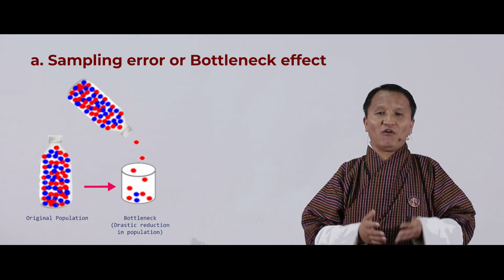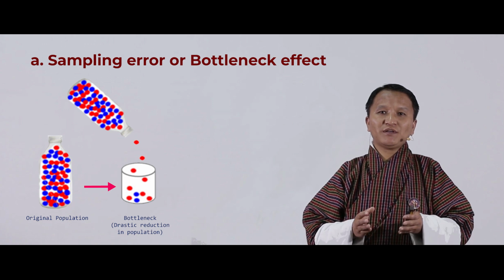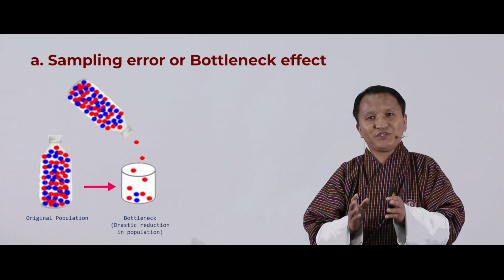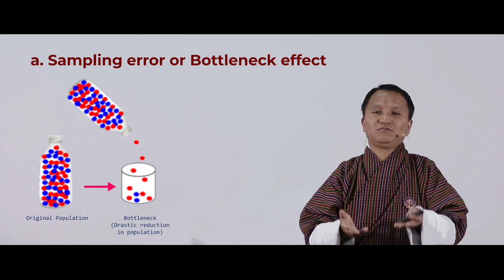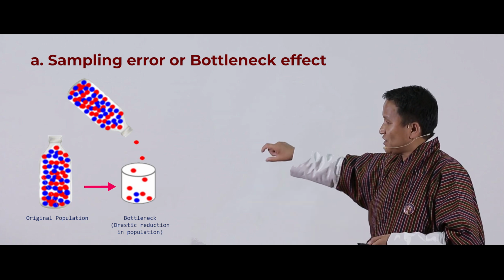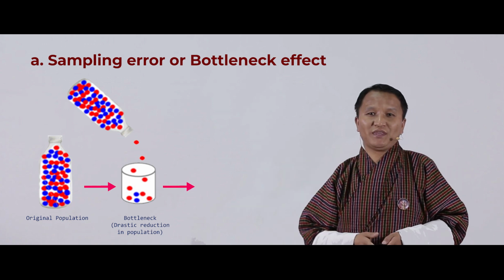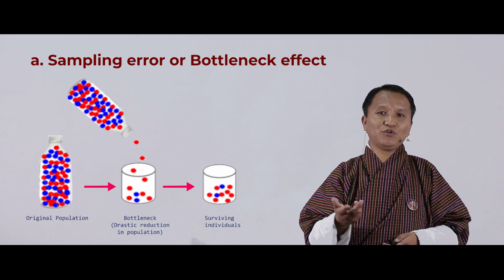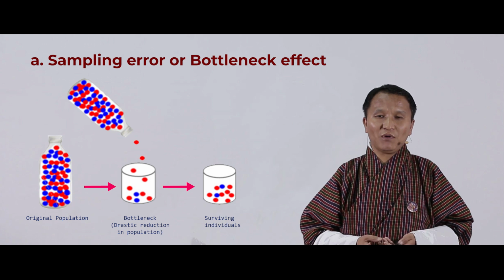the probability of having an equal ratio of marbles with the same color or with different colors is dependent on luck. So when you shake for some time, it might so happen that many red marbles will come out and few blue marbles might come out.